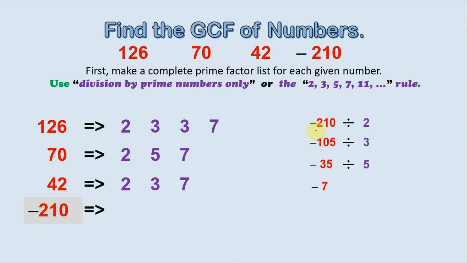Negative 7 divided by prime divisor 7 is negative 1. Now, reaching negative 1 means the prime factor list for negative 210 has been completed. We can now list down its prime factors, which are 2, 3, 5, and 7.